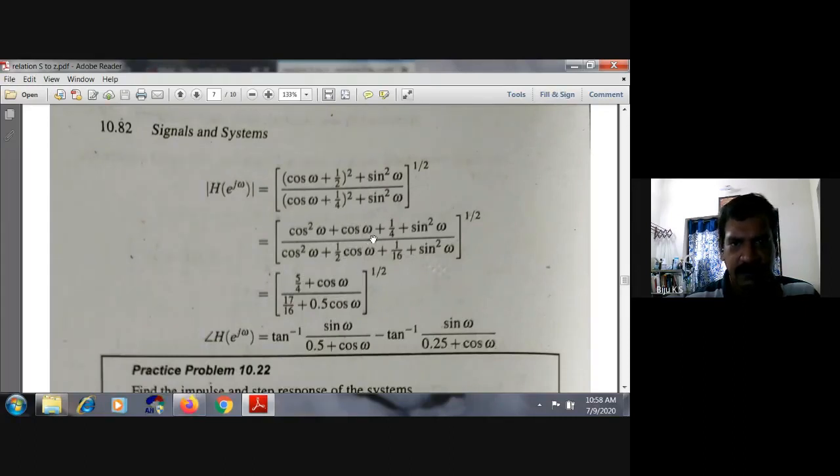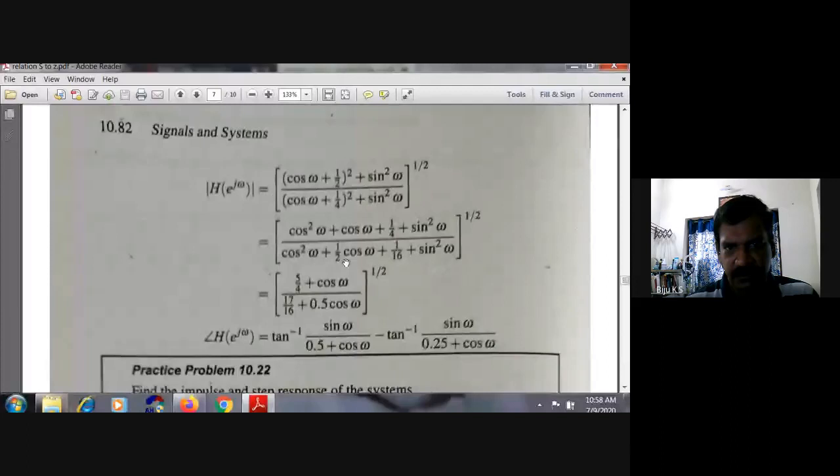Cos, correct. So this is okay. And here, what is it? Okay, half. So this is right. Cos square plus 2AB plus this one, and this is also cos square plus 2AB, so the 1 by 2 is accounted for. So this is correct, no problem.